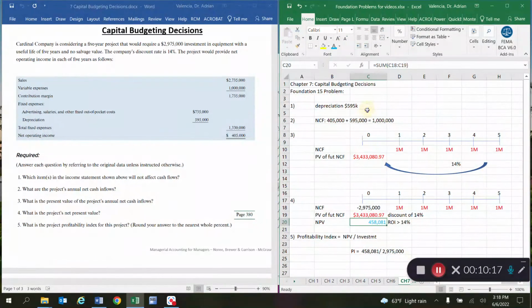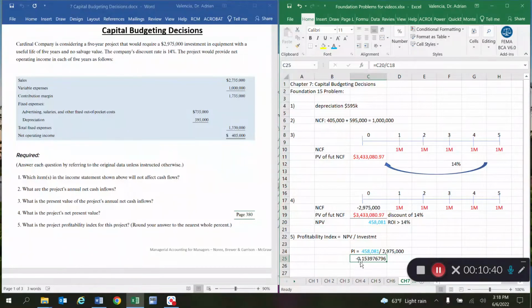We color code this just so we can see where things are coming from. And what that gives us is a profitability index of around 0.15, okay, if we round it.